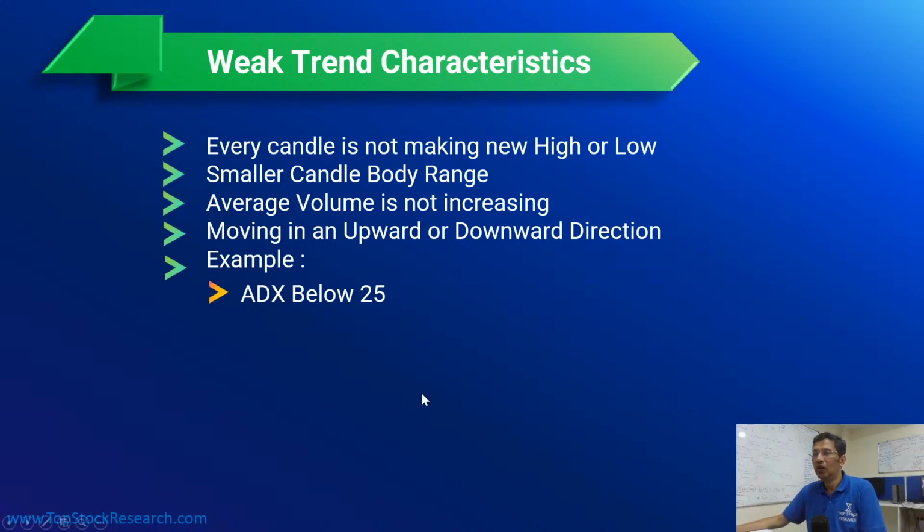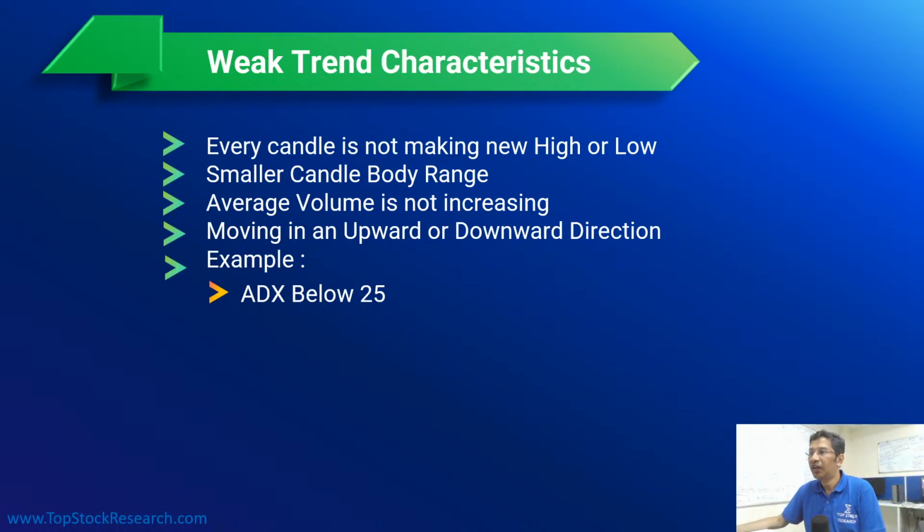What you need to also look for is the average volume. Is it really going up or down, right? And the ADX would point to a lower level, right? Prices can move in either upward or downward direction, right? So how do we spot these things?